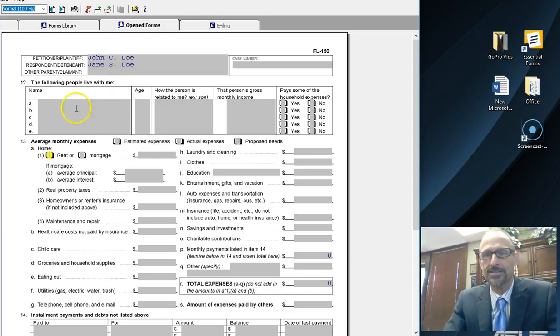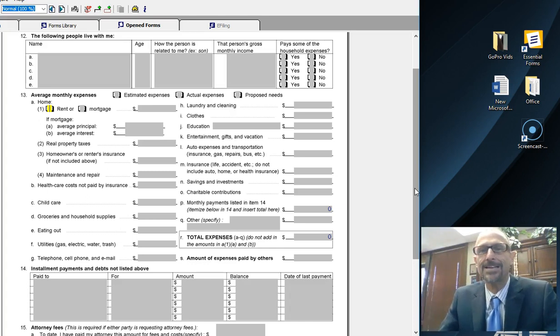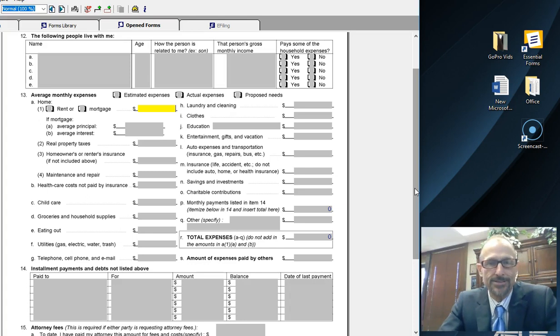It's going to be important, because I'm telling you, this form, above every other form, is cross-examined and questioned and scrutinized and analyzed more than any other form in California family law. All right, so fill out all these spaces. If you have rent or proposed rent, you're going to mark that, and you're going to put off to the right what your actual rent is or what your proposed rent is.